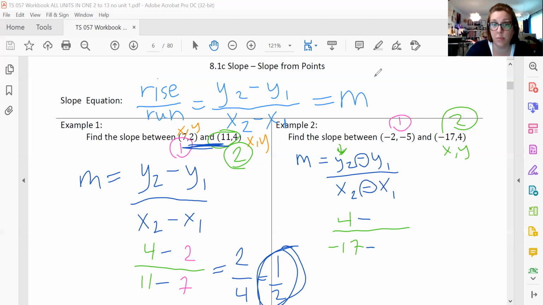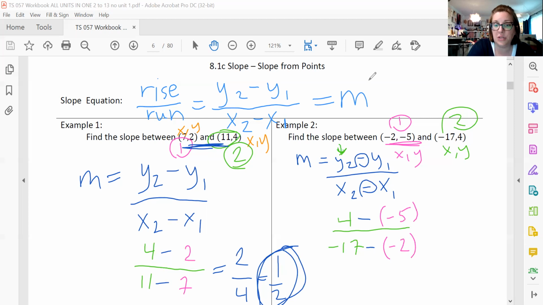The reason that's important is because in this X and Y, I've got some negative numbers. So I want to be sure to use my parentheses as I plug my numbers in. So Y in this coordinate is negative 5. X in this coordinate is negative 2. And then I'm subtracting some negatives.